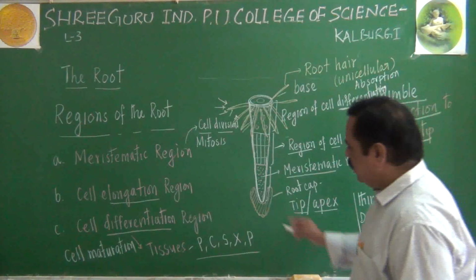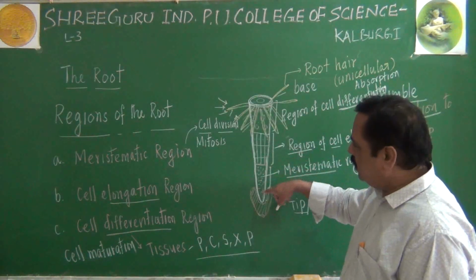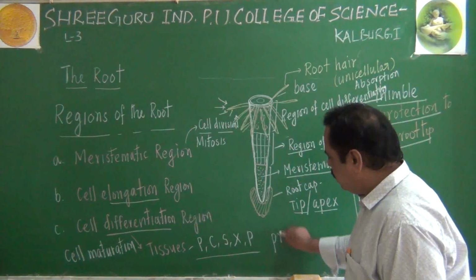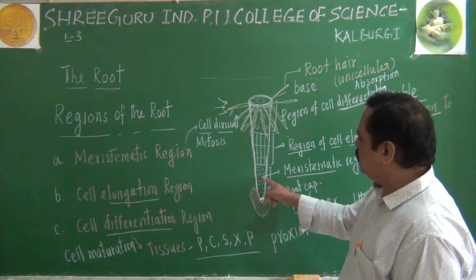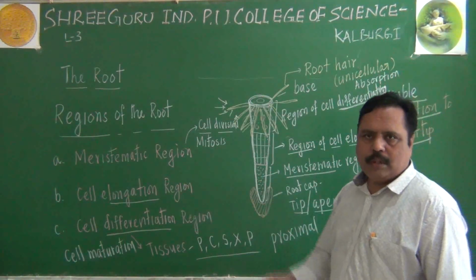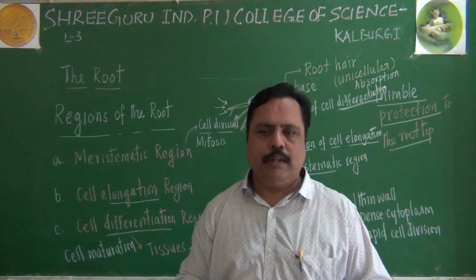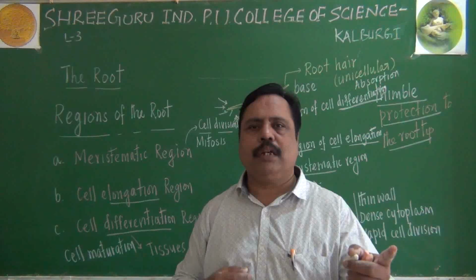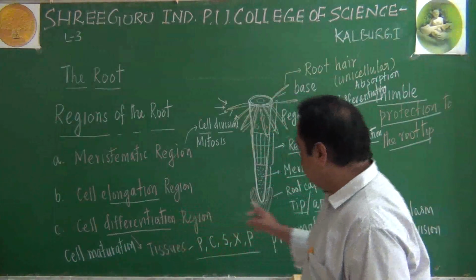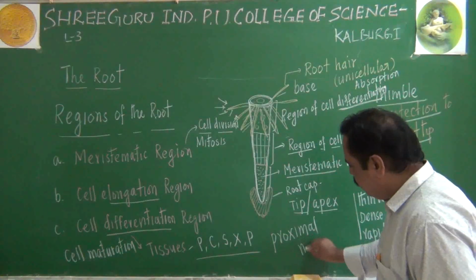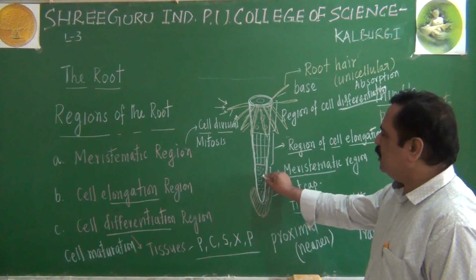Dear students, this is the tip, this is the base. Towards the tip, we use the word in the textbook called proximal. Proximal to the tip, what is present? Meristematic tissue. Proximal means nearer. You have heard about the structure of the nephron, where you came across proximal convoluted tubule, distal convoluted tubule, like that. So what is the meaning of this word proximal? It refers to nearer. Nearer to the root tip, what is present?